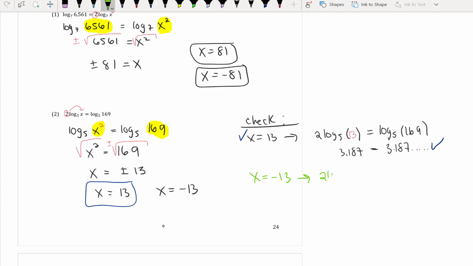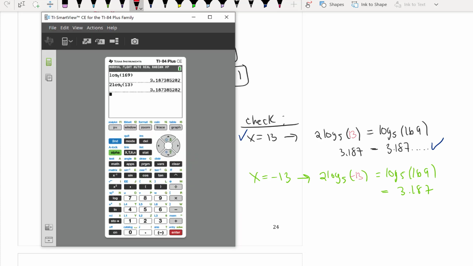So I would have 2 log base 5 is equal to log base 5 of 169. So I already know that log base 5 of 169 is 3.187. And what I'm plugging in now is a negative 13. Let's see if we get the same thing. Well, if I have 2 and I have my log base 5 of a negative 13, it gives me an error.